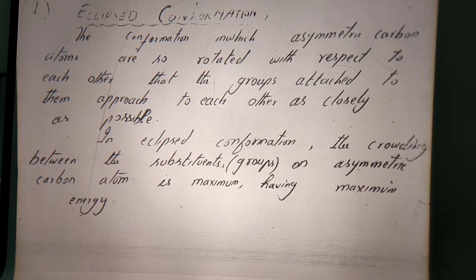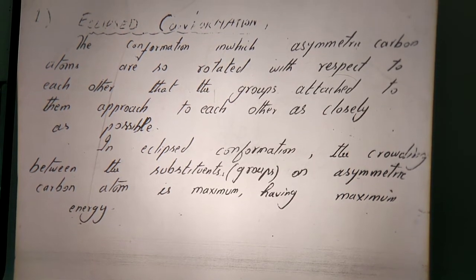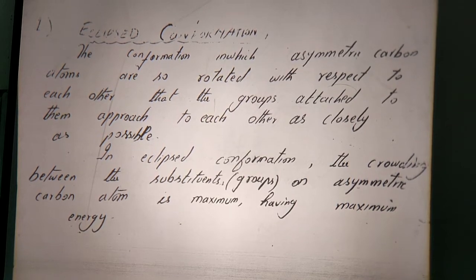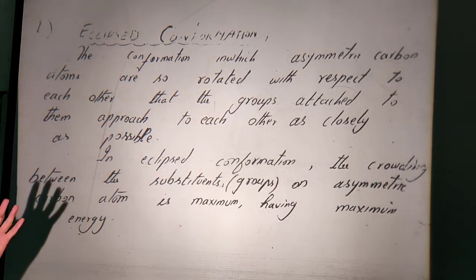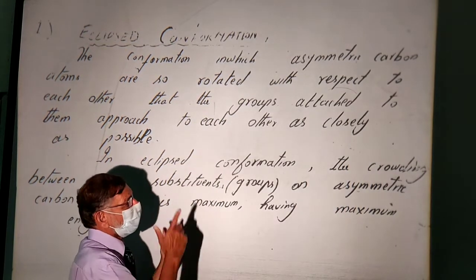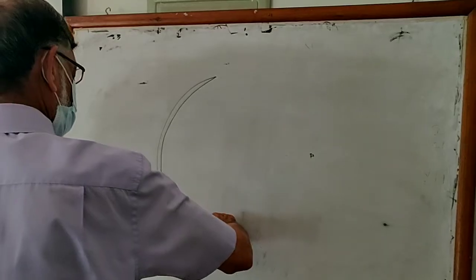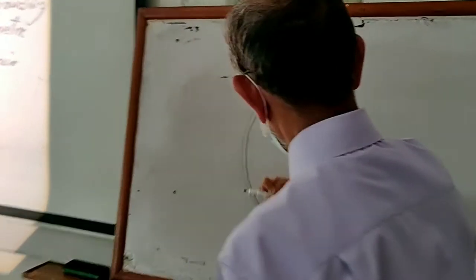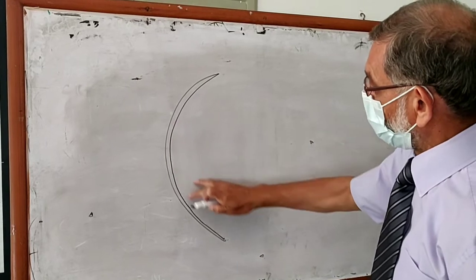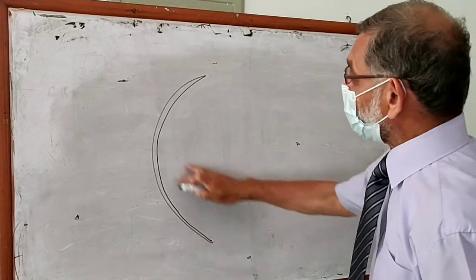What is eclipsed? You know, eclipse, like the moon. If the moon is exactly behind Earth, you could see only a little of the moon in this way. This is called eclipsed.